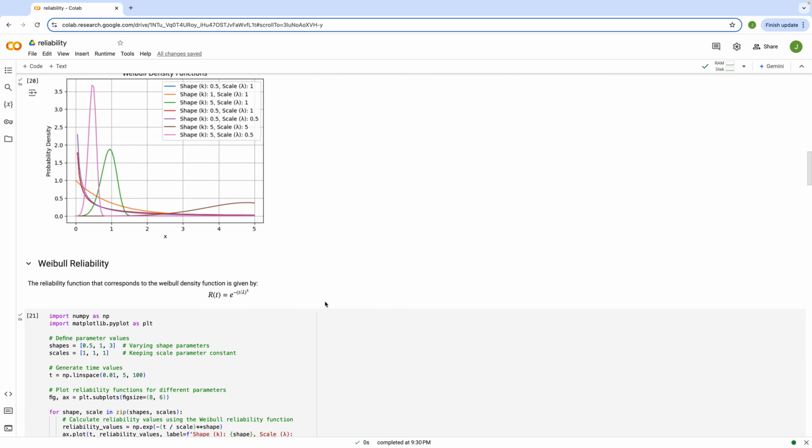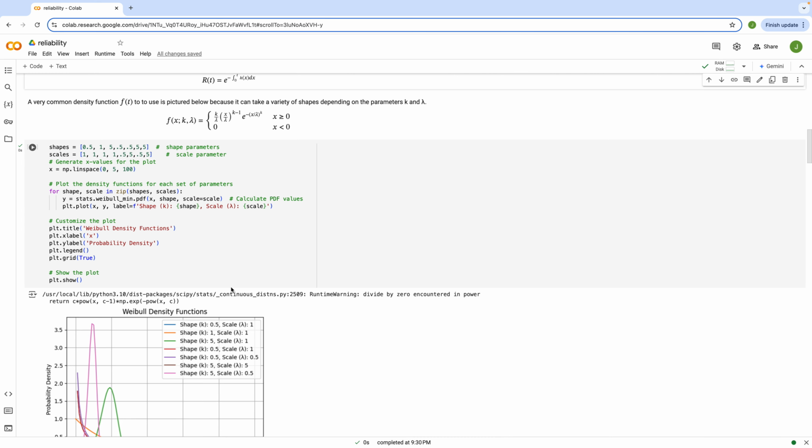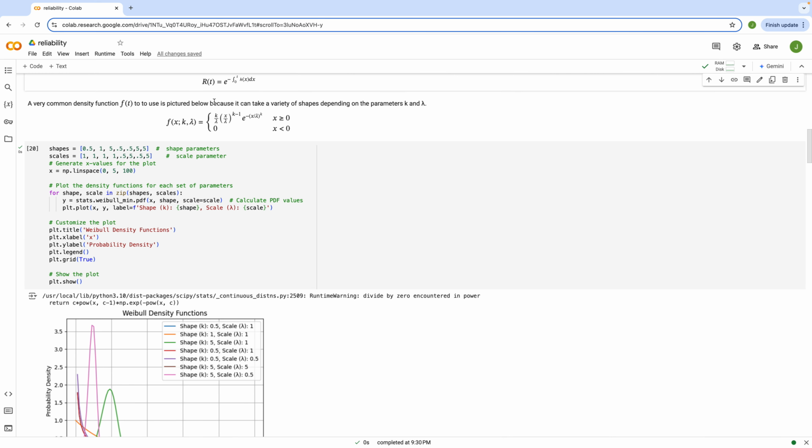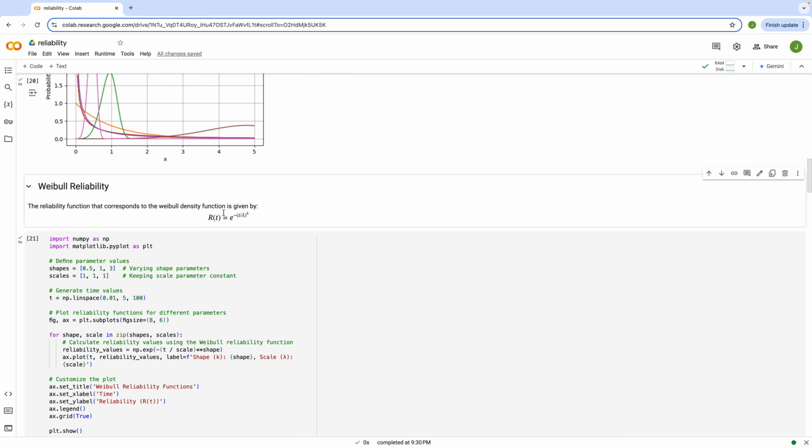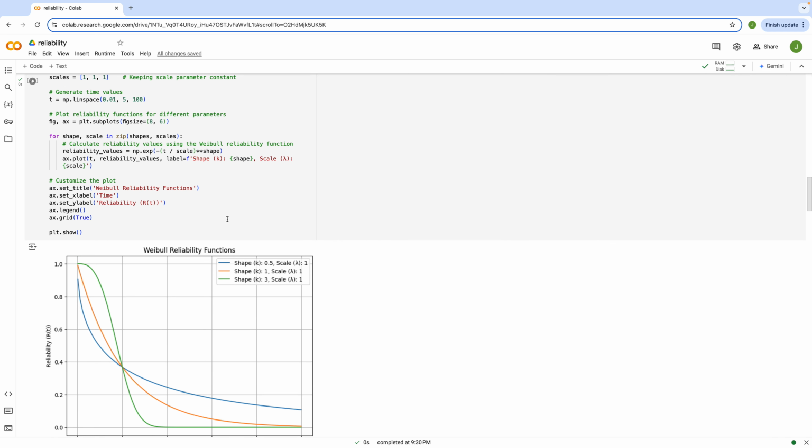Okay. So if we use this density function given here, we can arrive at this reliability function. And here's a few plots of that reliability function. What we focus on a little bit more than the reliability is going to be the hazard.